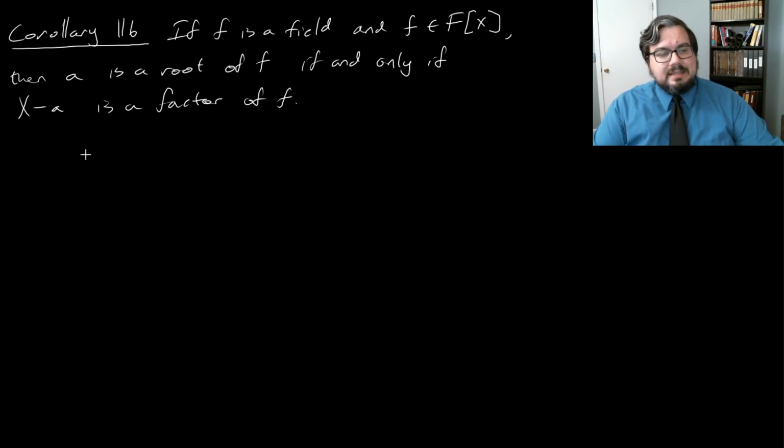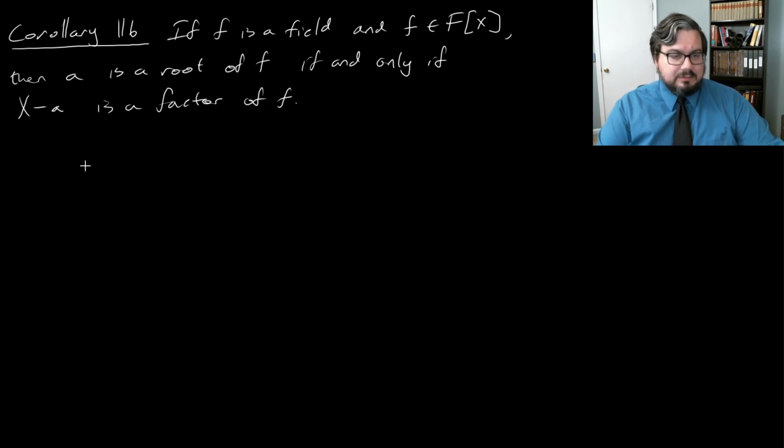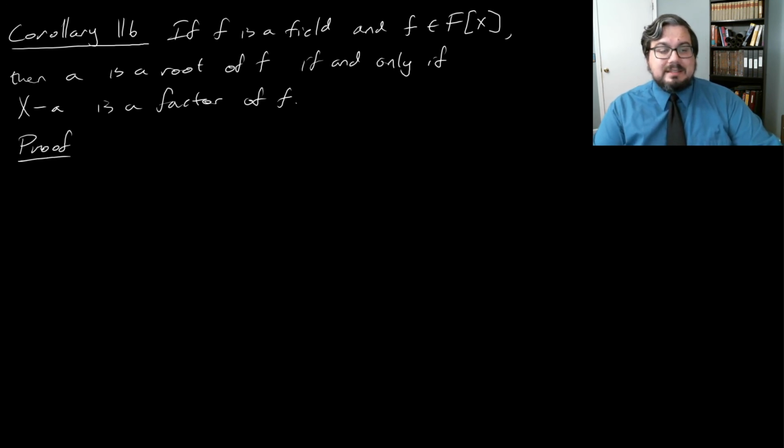So this is the corollary which relates factors and roots together in the abstract polynomial ring setting. The proof is an immediate application of the previous corollary.